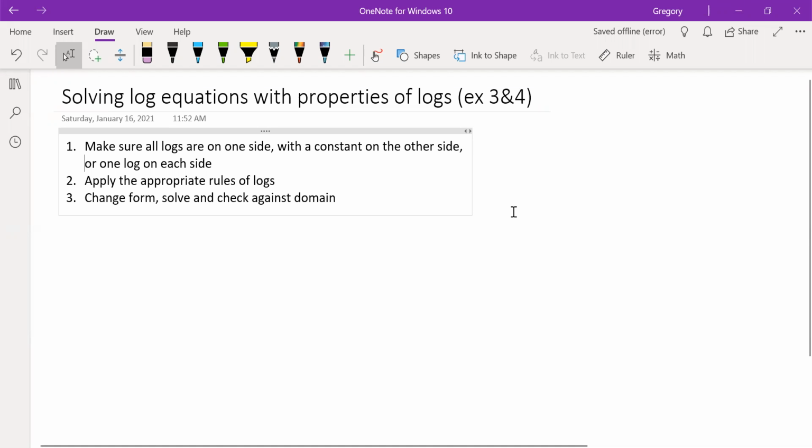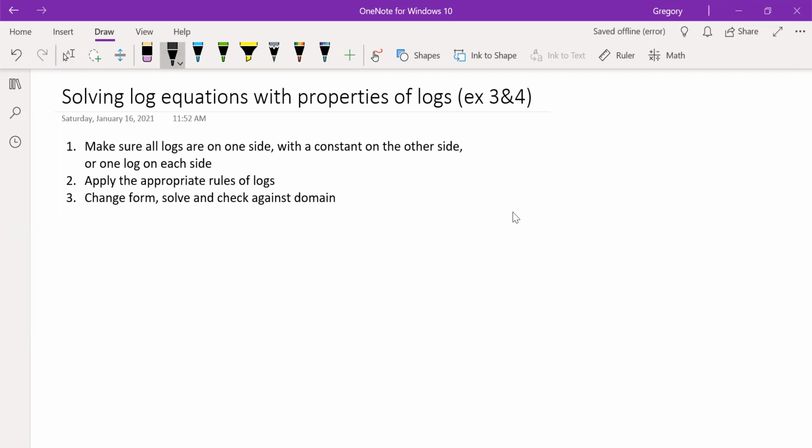Hello, everyone. In this video, I'm going to look at two examples of solving log equations, or I should say utilizing properties of logs. The first property: if I have log base b of x equal to another log with the same base, log base b of y, I can effectively get rid of the logs and I'm left with x equals y.